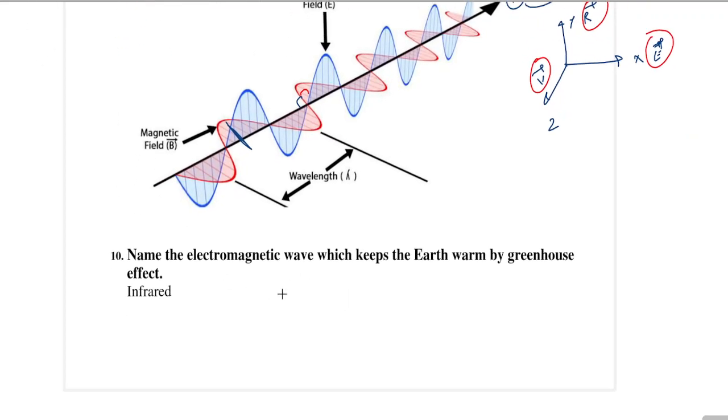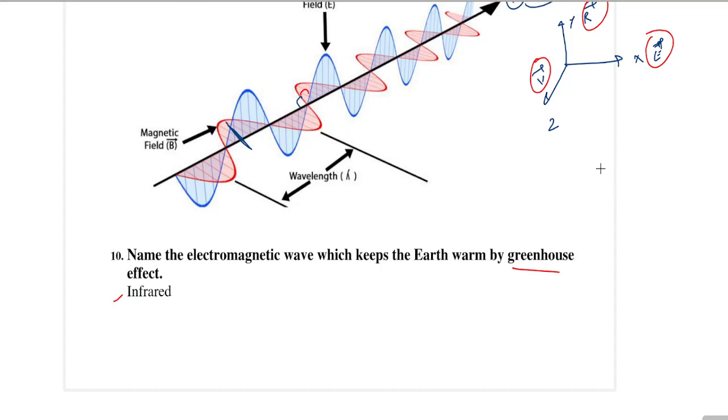Question 10 says, name the electromagnetic wave which keeps the earth warm by the greenhouse effect. It is IR radiation or infrared radiation. In your textbook, there is a topic which talks about uses of different kinds of electromagnetic waves. To make it easier, a student can prepare like this.